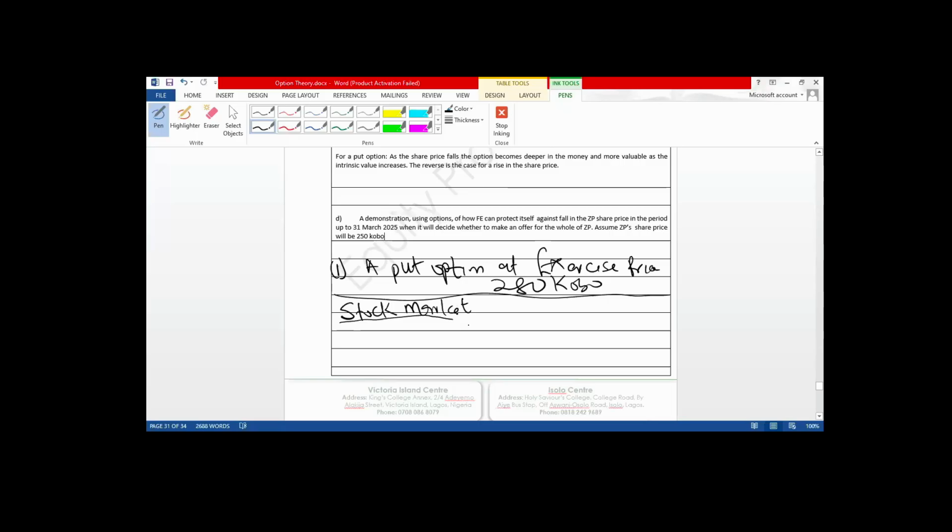If in 3 months' time the price becomes 250, that means the investment value has fallen. Loss at the stock market. The price will be 250 kobo, what was 287 kobo. The investment value will reduce by 37 kobo.